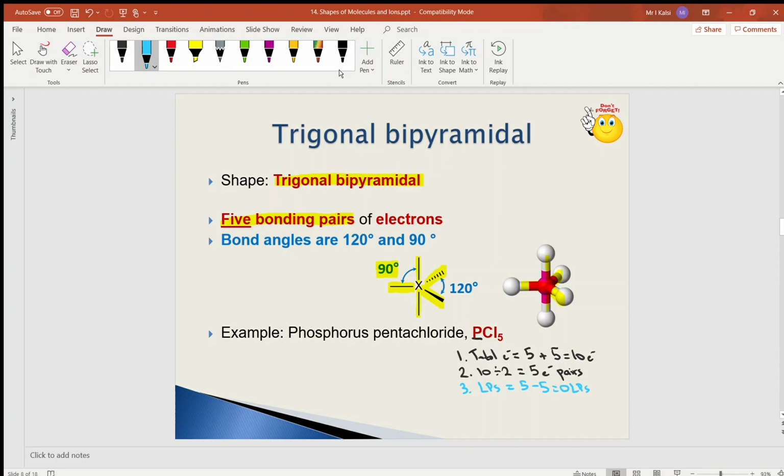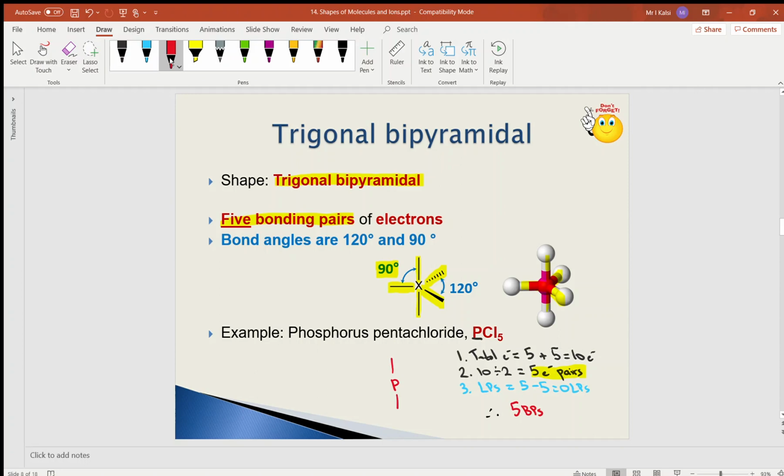So therefore, we need to write our conclusion, and our conclusion is that out of these 5 electron pairs, we actually have 5 bonding pairs because there are no lone pairs at all. What we now need to do is to draw the shape of this molecule. If we just take this template here, we put X as being the P, up, down, across.